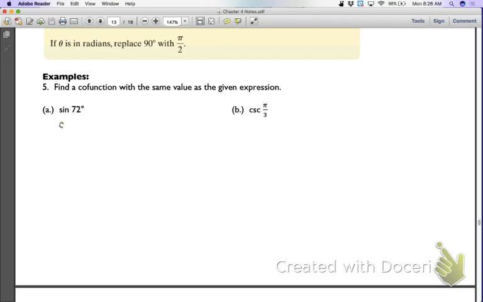So cosine. Now, what do I have to do with the 72? What is 90 minus 72? 18. So sine of 72 is going to be the same as cosine of 18.